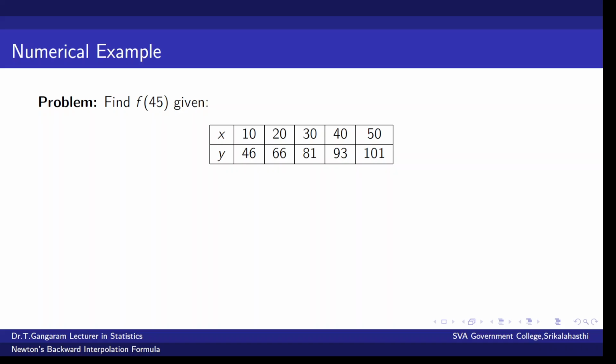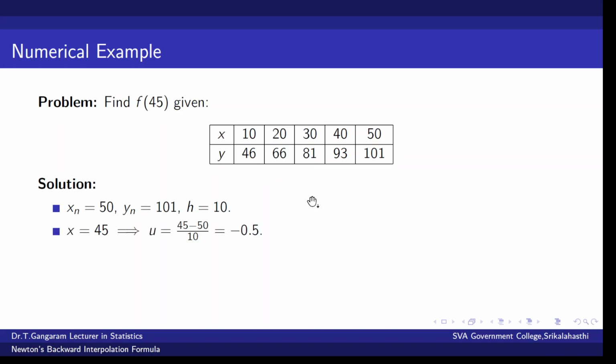Find f of 45 for the given data. The same example, solution. Here xn is equal to 50, the last term, yn is equal to 101, and the interval h is equal to 10. The interpolated value is x is equal to 45. We need to find f of 45.